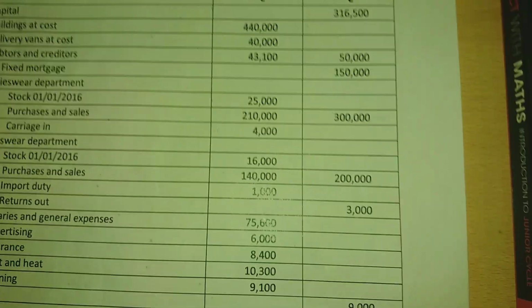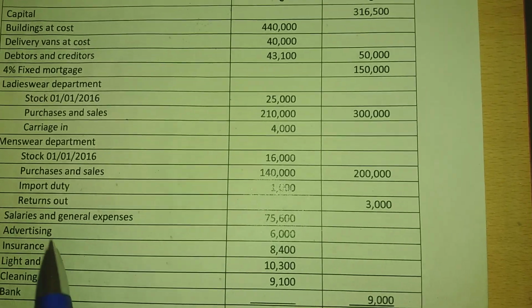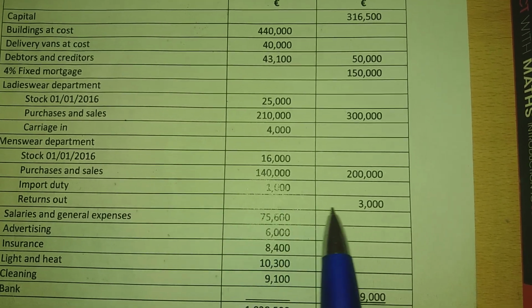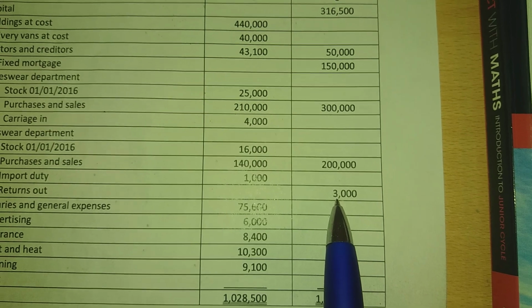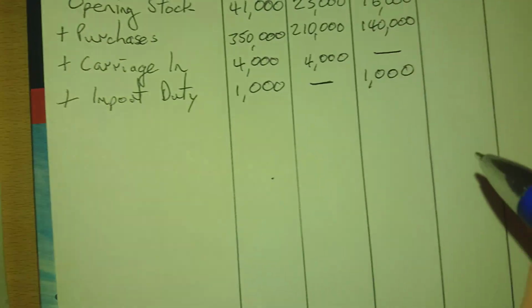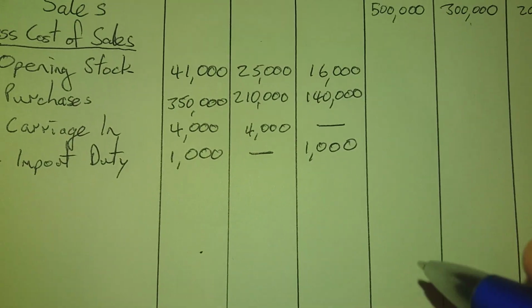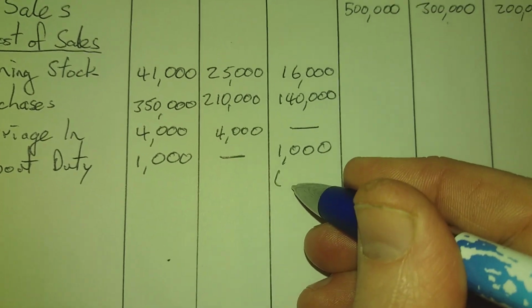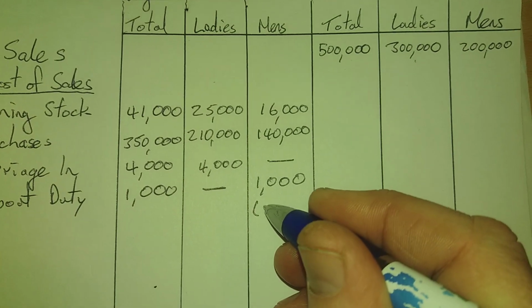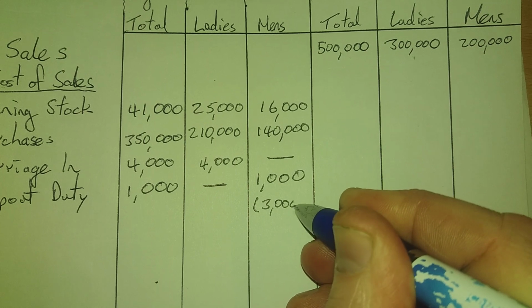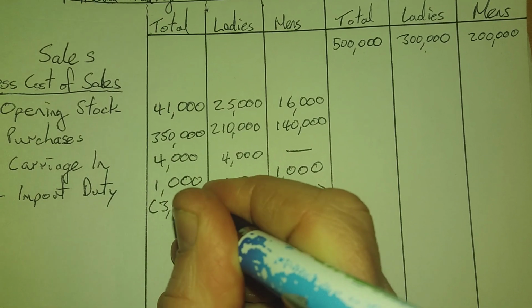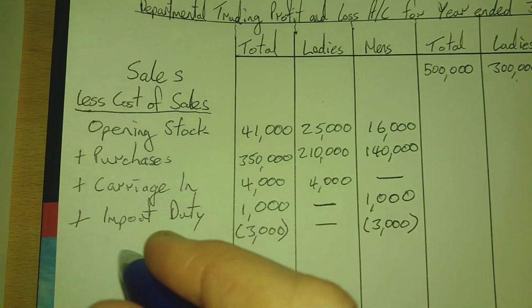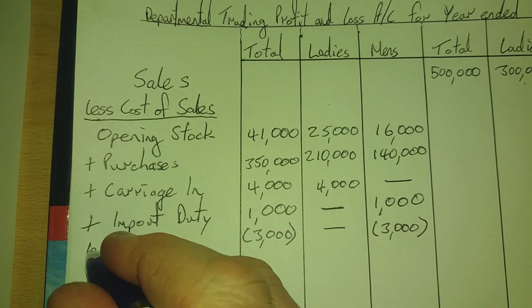And I think there was one other item in the menswear, returns out here, so 3,000. So returns out is purchases returns, isn't it? So that returns out is going to reduce our cost of sales. So it was just for the menswear, so I'll put in a minus 3,000 here, minus 3,000 here, and this is your less returns out, if you like.